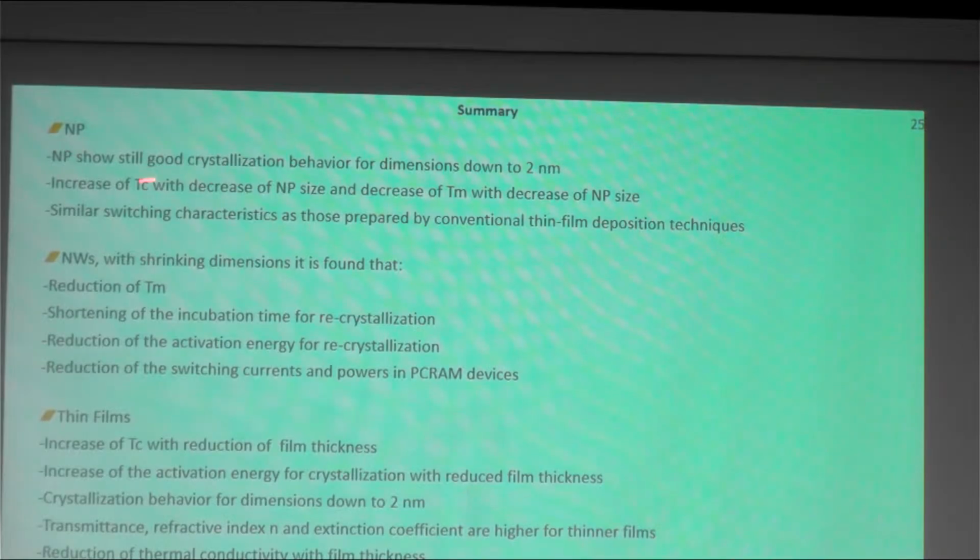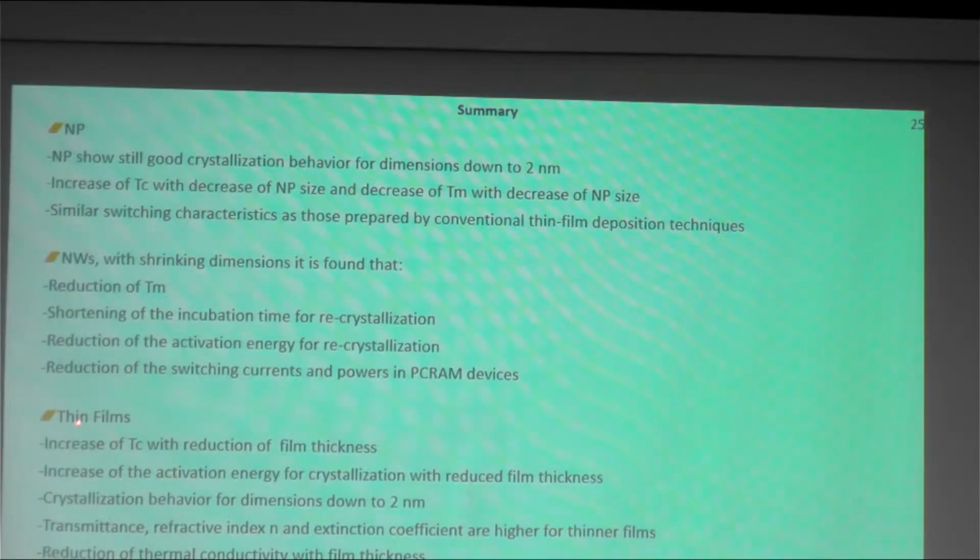They showed also an increase of TC with decrease of nanoparticle size, and decrease of melting temperature with decrease of nanoparticle size, and similar switching characteristics were also prepared by conventional thin film deposition techniques. Nanowires also showed reduction of melting temperature, shortening of incubation time for recrystallization, reduction of activation energy for recrystallization, and reduction of switching currents and powers in PCRAM devices.